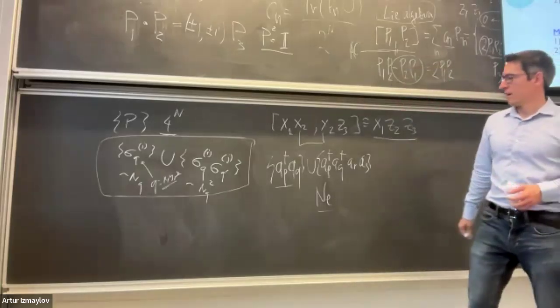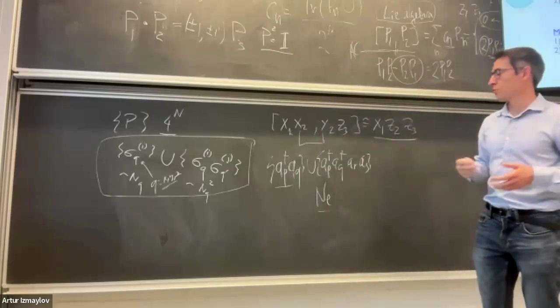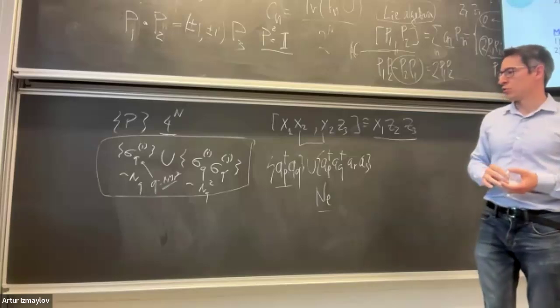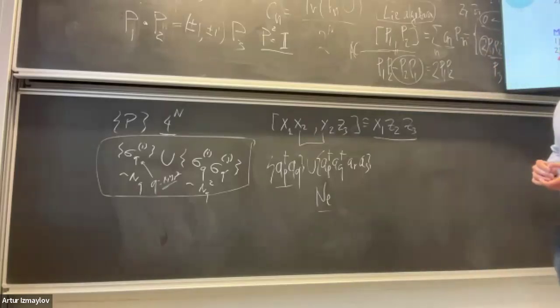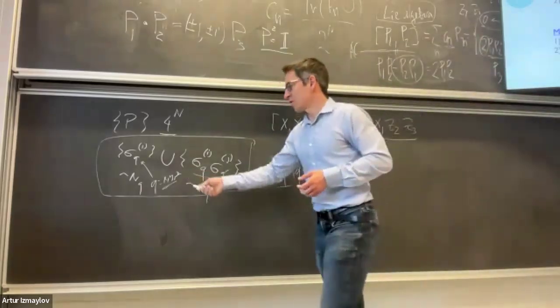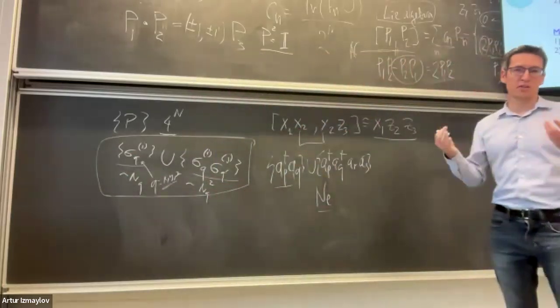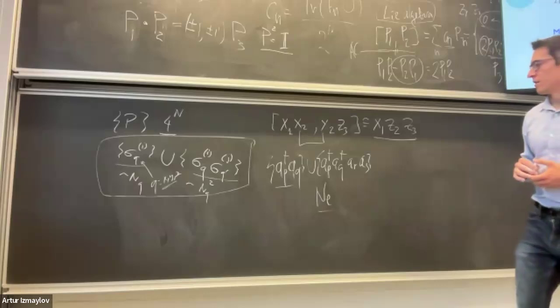So again, these commutators will generate more and more terms, and that will be somewhat useful for understanding how to construct the unitaries, because after all, these are the generators eventually that we'll be using for constructing the unitaries.